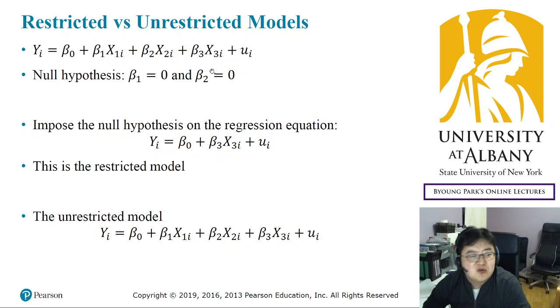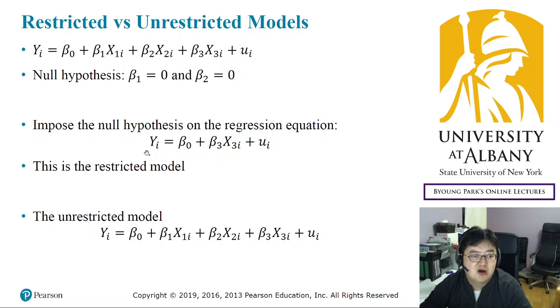And we are going to consider an interesting idea. So now suppose that your hypothesis is correct. If you believe that your hypothesis is correct, then these 2 variables are useless. You don't need to include these 2 in the regression model because they are 0. If you believe that, you don't need to keep them in your regression model.